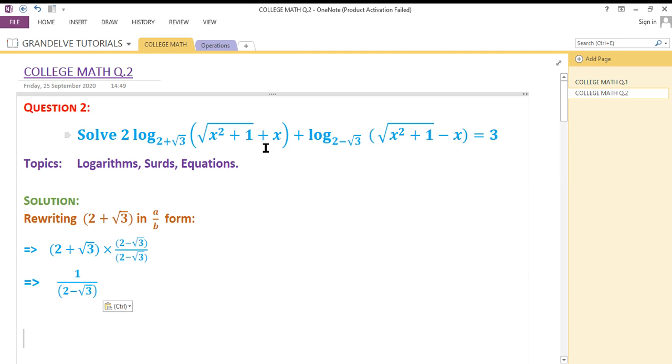What makes them not the same? Of course, the first one has the arithmetic operation plus, and the second one has minus. Anyway, let's try to convert this one to the form a over b and see if we can have our way with that.